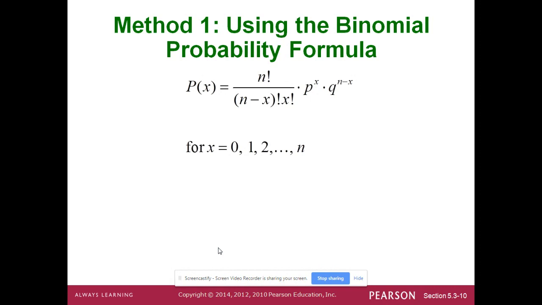Probability of success to the x power. So in our situation here, 3 out of 5, we're going to take 0.85 raised to the third power. Q is going to be 0.15 raised to the second power, because 5 minus 3 is 2.